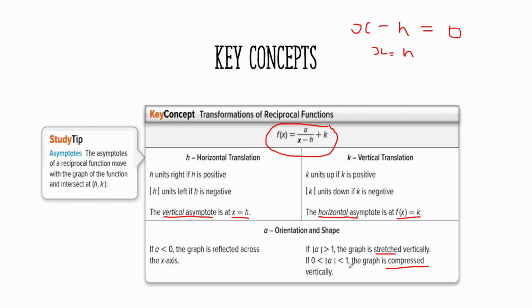If our A is negative, or less than 0, which gives us negative numbers, then it will reflect. So we will look at the properties. Now you remember from the first example that the original graph is like this.